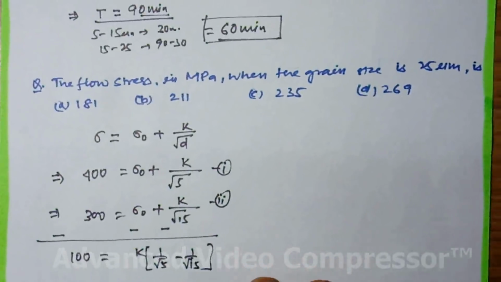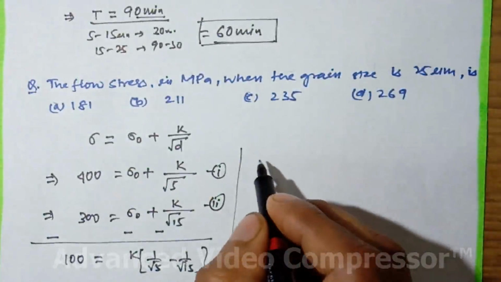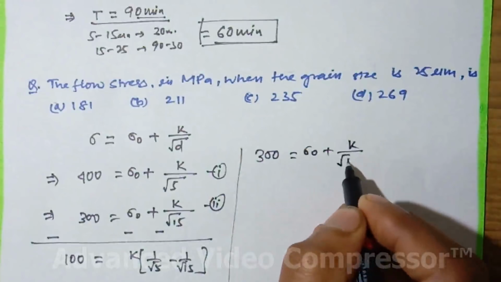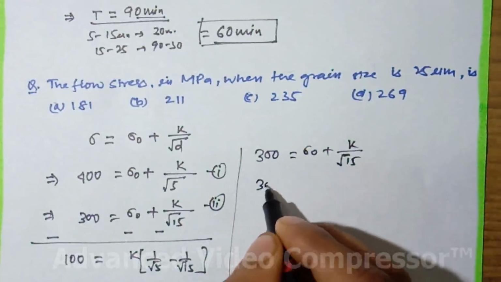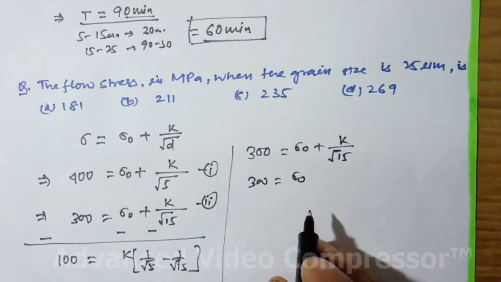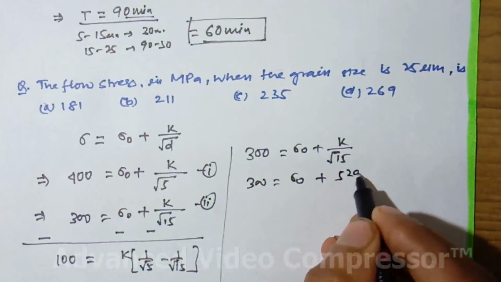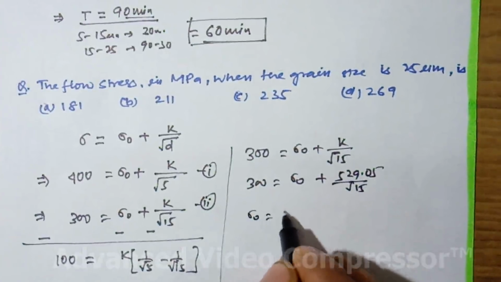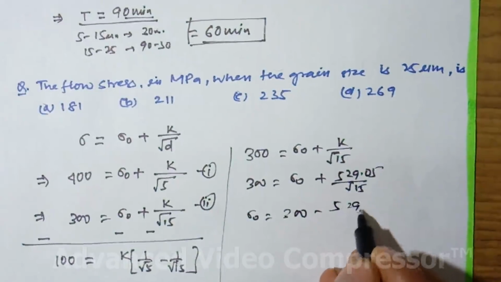So 300 equal to sigma naught plus k by root under 15. So 300 equal to sigma naught plus 529.05 by root under 15. So sigma naught equal to 300 minus 529.05 by root under 15.